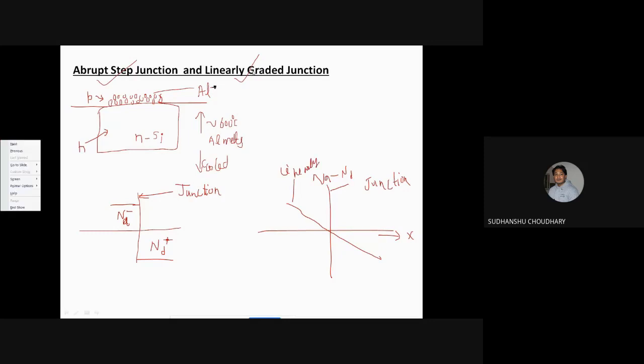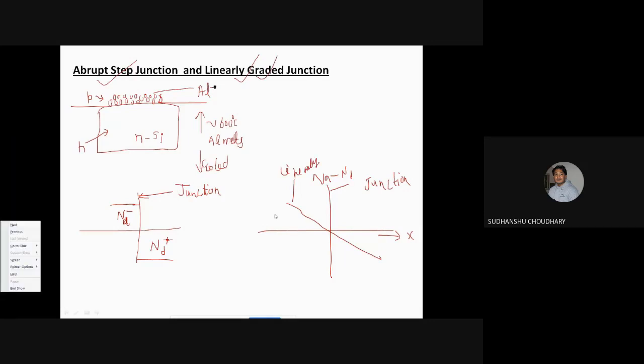Now this linearly graded junction is created in a different way. Again, you have an n-type silicon semiconductor, and in it we create a cavity.